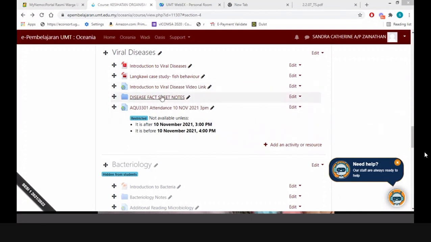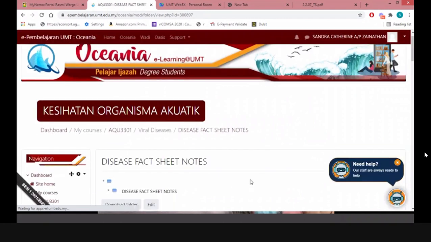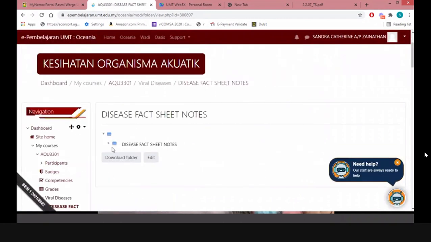Okay, so this you boleh download lah. So saya ada nota. Okay, I've given you notes. Ada beberapa nota pasal penyakit ikan yang disebabkan oleh virus.